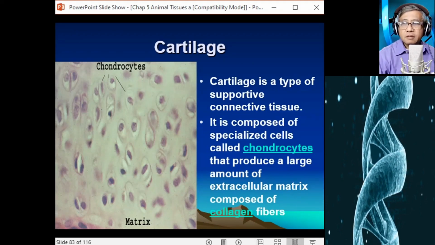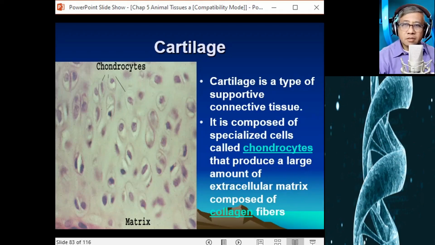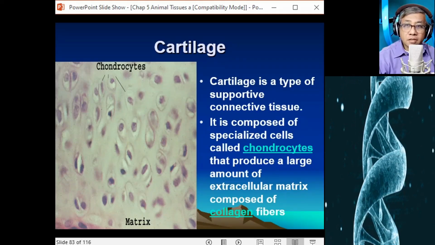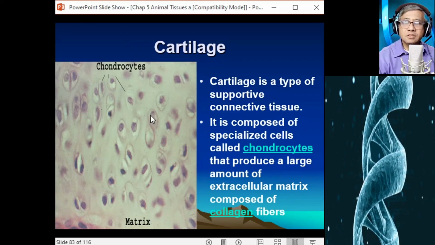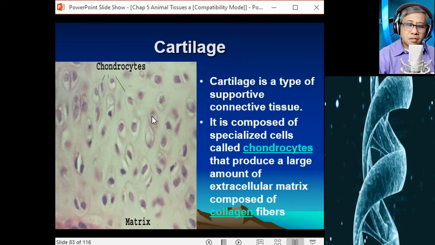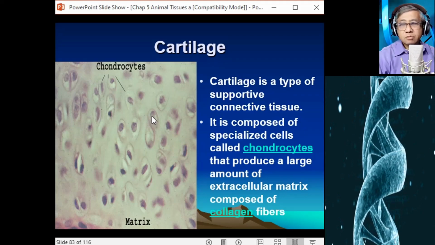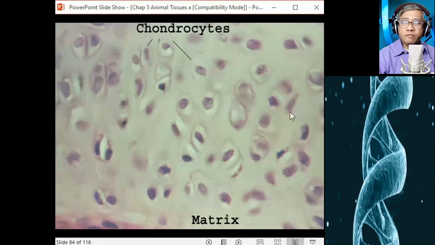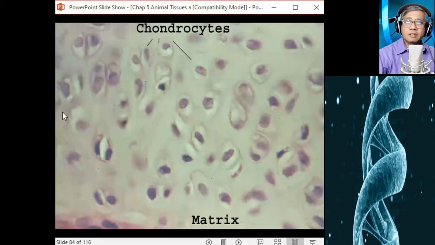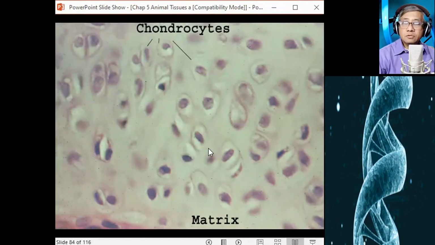And these chondrocytes produce a large amount of extracellular matrix composed of collagen fibers. Ayan, no? So this is cartilage. Cartilage is made up of cells called chondrocytes. Okay, so here is a photo micrograph of cartilage showing those chondrocytes.